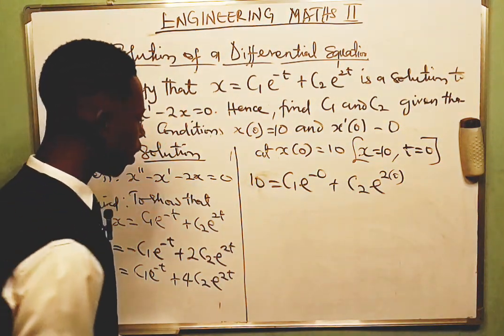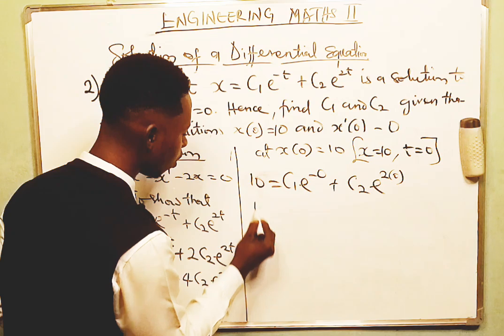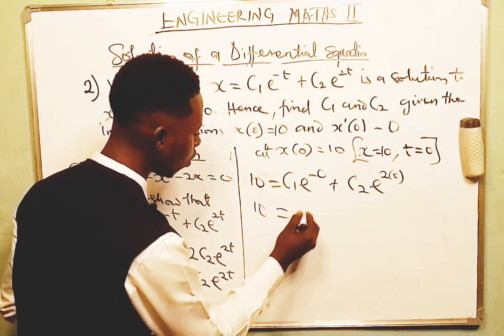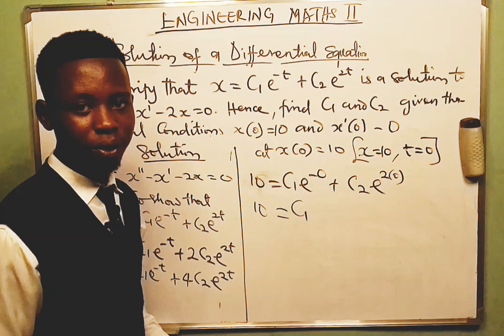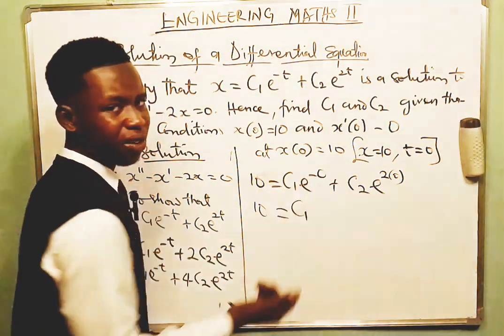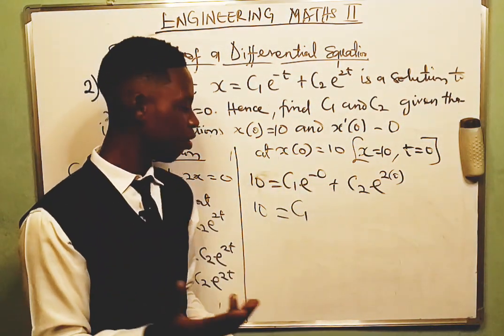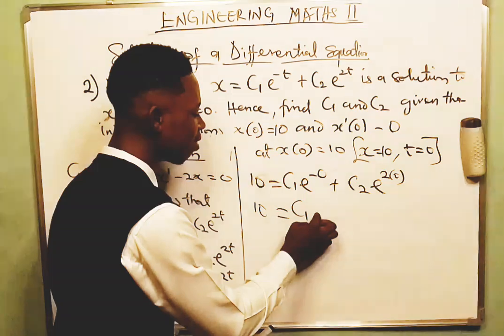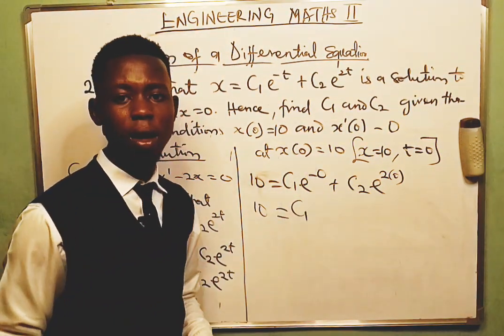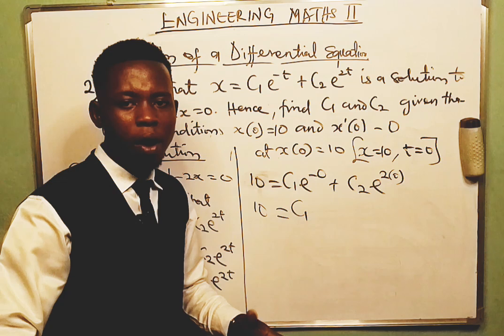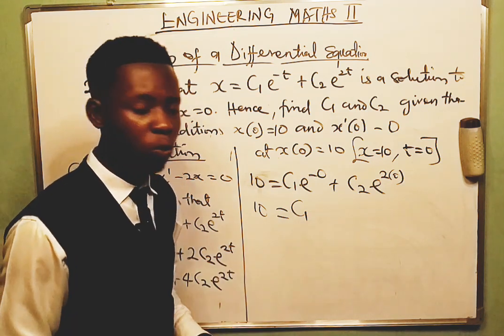Now, what do we do again? 10 is equal to C1 times minus 0, which is still 0. Now, don't forget that law. Before you think that this place will turn to 0, it will not turn to 0. This is exponential, raised to a power. Any number raised to the power of 0 will give us 1.